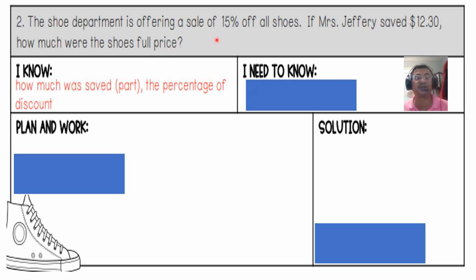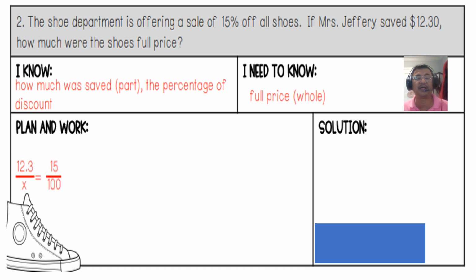And what else do I need to know? That's 15%. Obviously, it has a percent sign. And what are we solving for? The full price. If we make our percent over 100 equals part over whole, this is the percent over 100. This is the part. And what is missing? The whole is missing. And how do we solve for that? You can do your cross multiply.